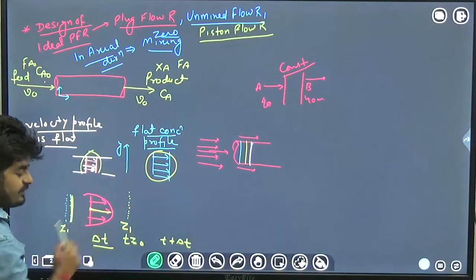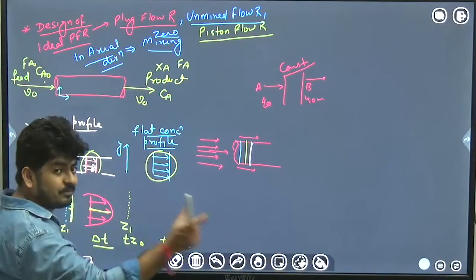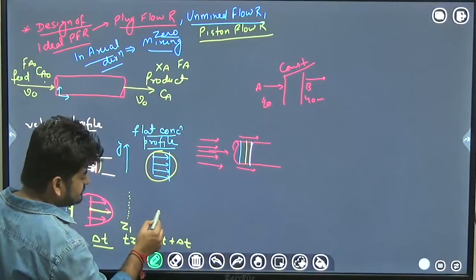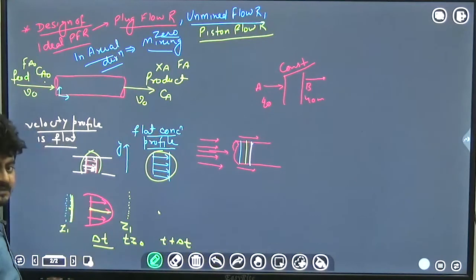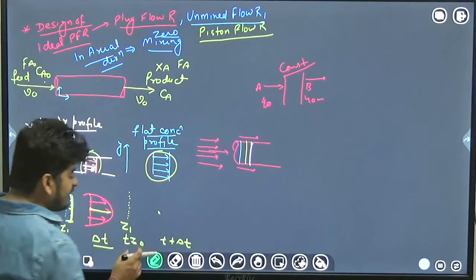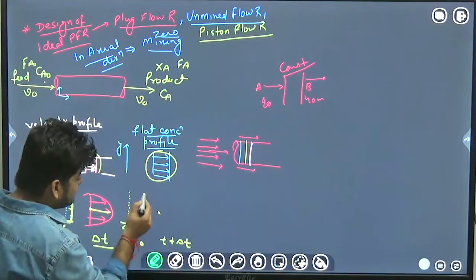Central line velocity will be maximum, so the molecule in the center will cover the larger distance. It will be somewhere at this point. The molecules which are near the walls, the corner molecules at the top and at the bottom, have the slowest velocity. So they will cover a smaller distance, let's say this.